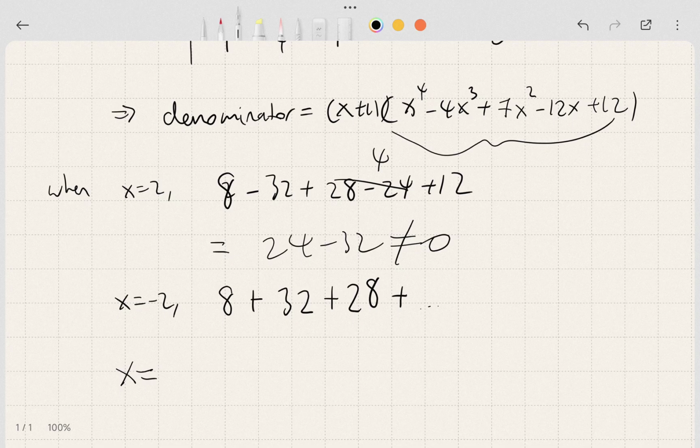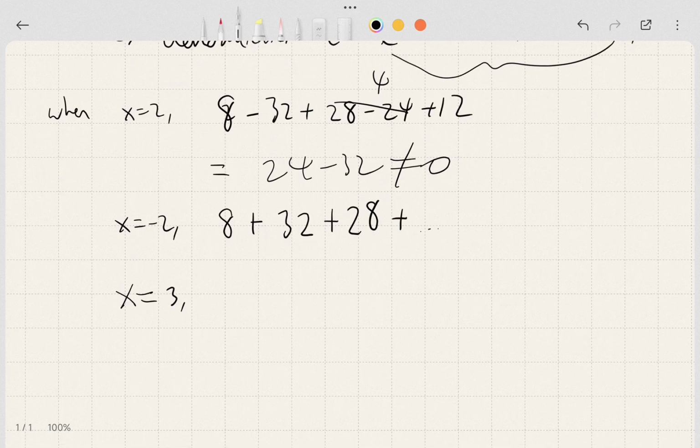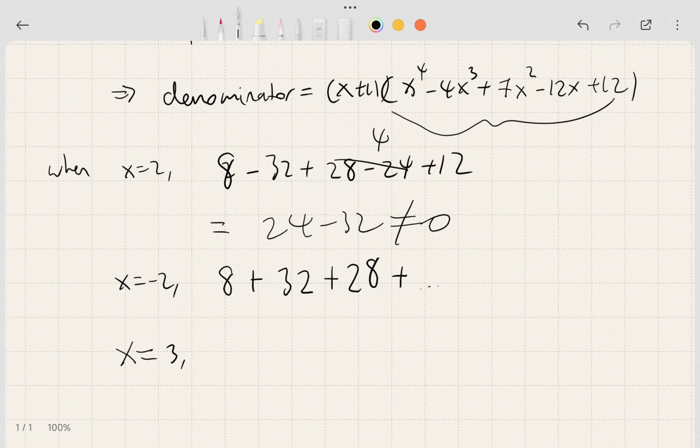I don't think x equaling a half would be a factor because you have x to the power 4, which means that in one of the terms you'd get an eighth, and getting an eighth would mean that there's no factorization going on. So let's try x is equal to 3.